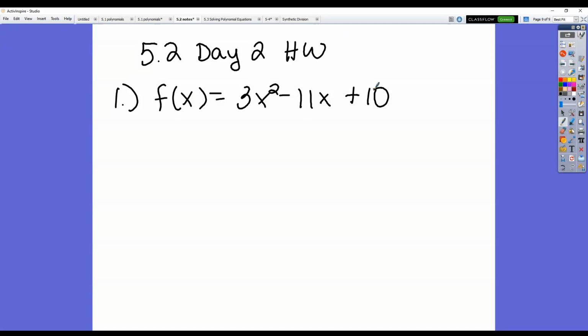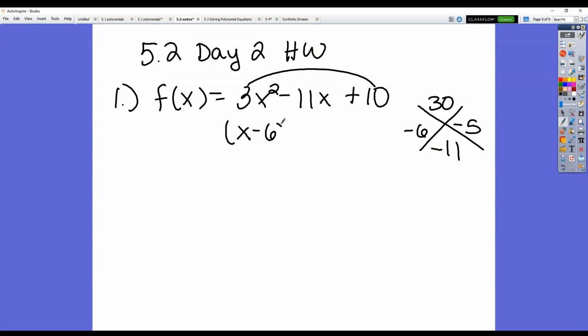Okay, so the first one, you got to factor by sliding and dividing. This would be -6 and -5. And you divide by 3.